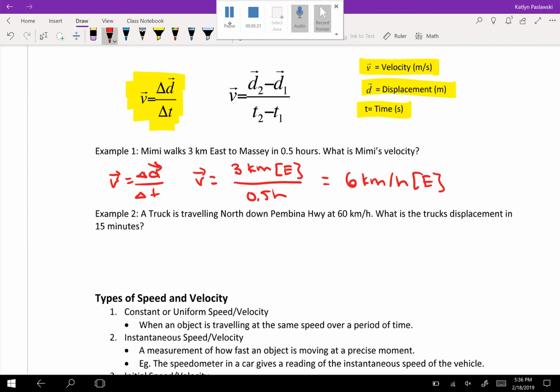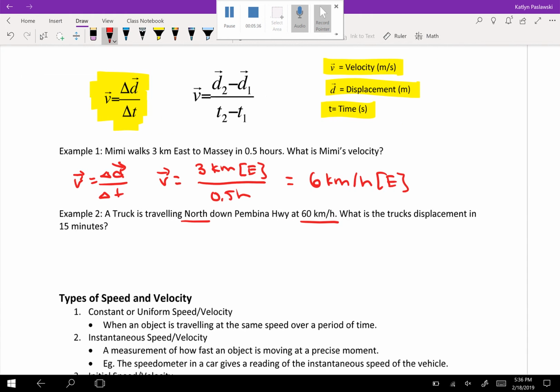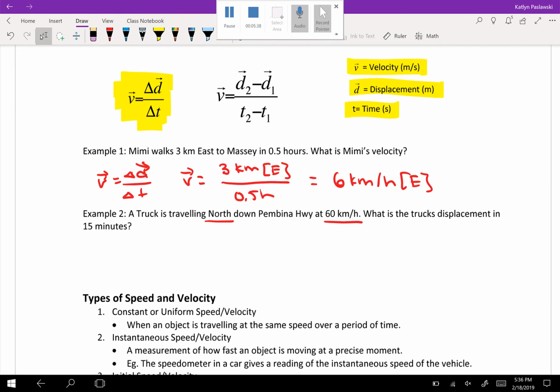In this example, example 2, a truck is traveling north down Pembina Highway at 60 kilometers per hour. So when I see 60 kilometers per hour, I'm taking note that that is giving me the velocity. It has a distance and a time. So what is a truck's displacement in 15 minutes?